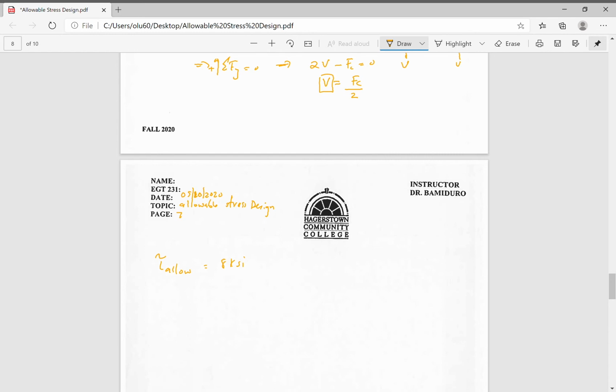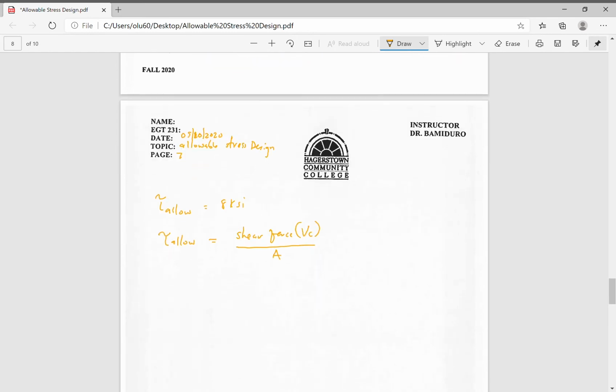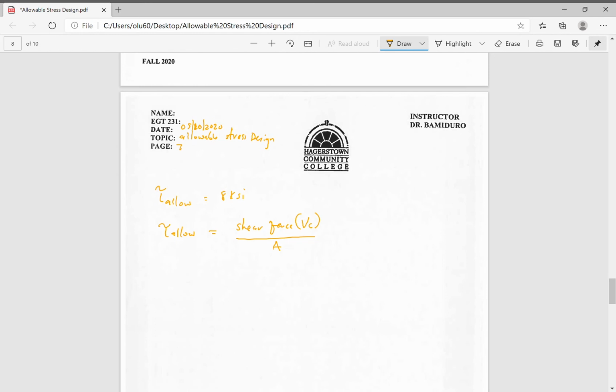For the allowable, the formula is going to be the shear force at pin C divided by the area of the pin, which is pin C.